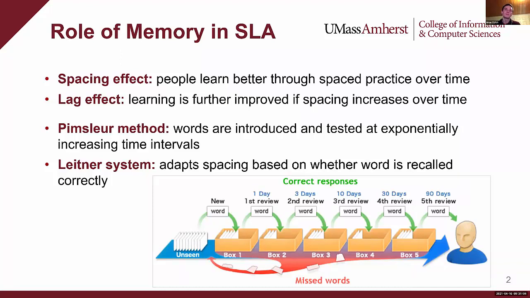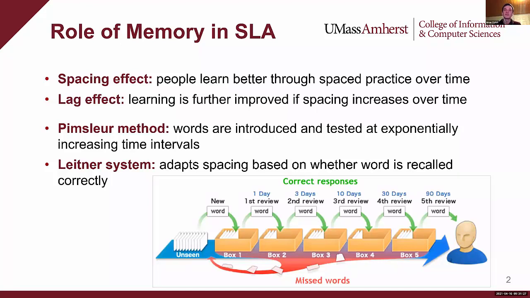The Pimsleur method is one of the first systems in language learning that takes these two effects into account. It does this using a fixed schedule with which words are introduced and tested at exponentially increasing time intervals. The Leitner system adds some adaptivity to this method by adapting the spacing based on whether the word is recalled correctly.